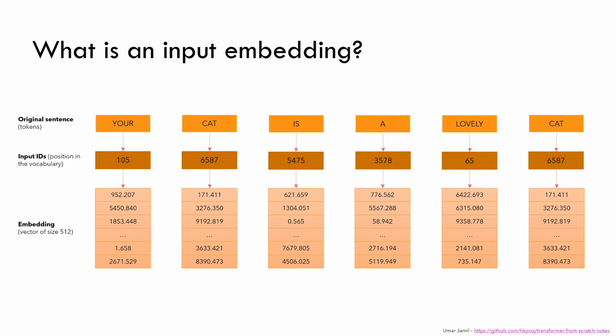And these embeddings are vectors that are learnable, so they are parameters for the model. While the model is trained, these embeddings will change in such a way that they capture the meaning of the word they are mapping. So we hope that, for example, the words cat and dog will have similar embeddings, because they are at least in the same semantic group. And also the words house and building will be very close to each other if we check the two vectors. This is the idea behind the embedding.